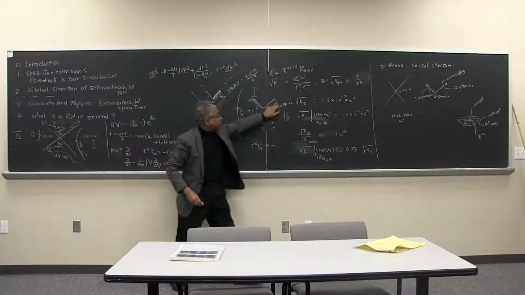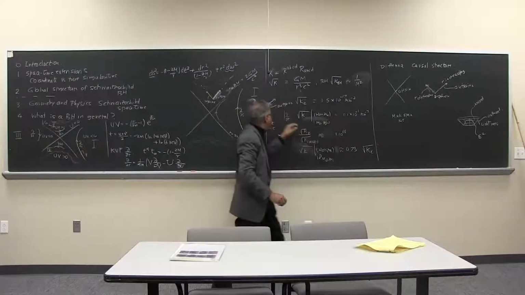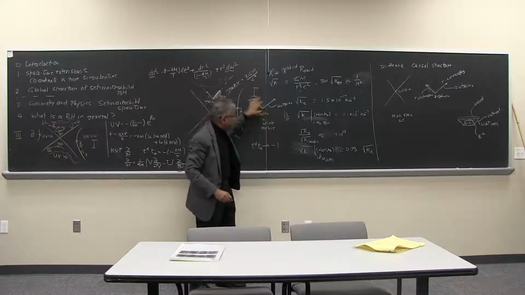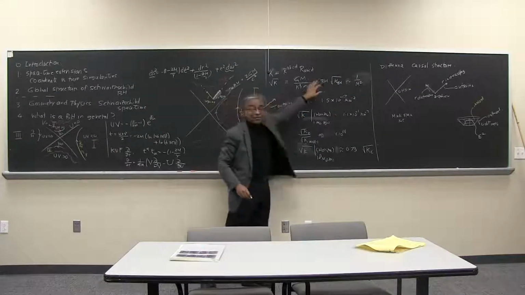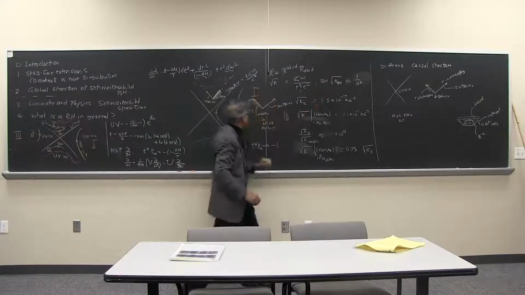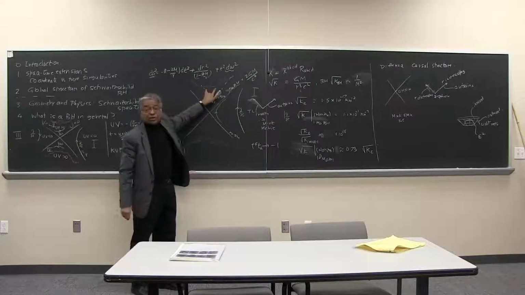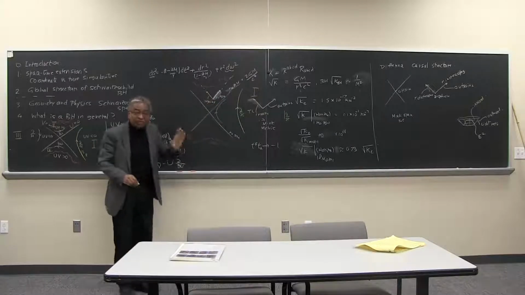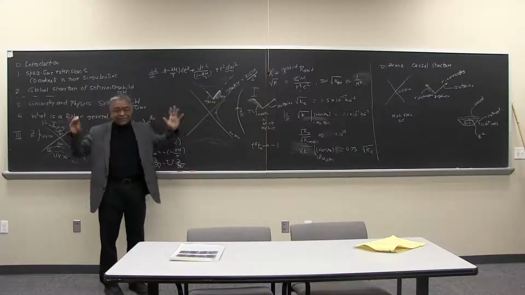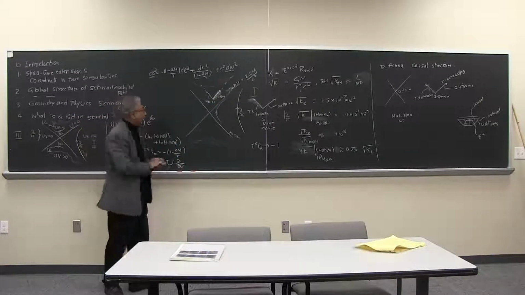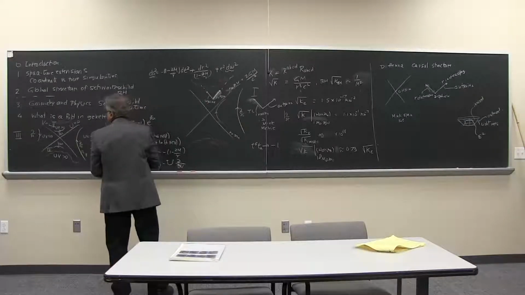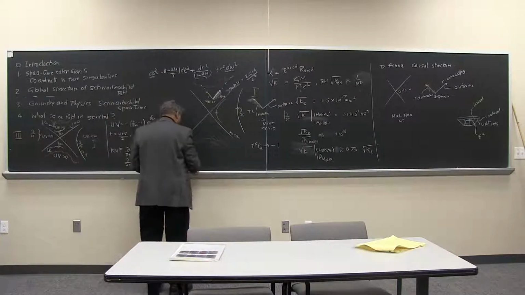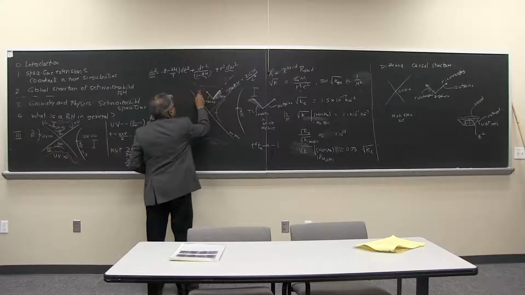Here, the outgoing light ray goes out to infinity, and therefore I can see this point. If light is emitted from this point, distant observers can see it. Whereas here, I cannot see it at all. And this is the first intuitive reason why this region, what we call region 2, is called the black hole region.